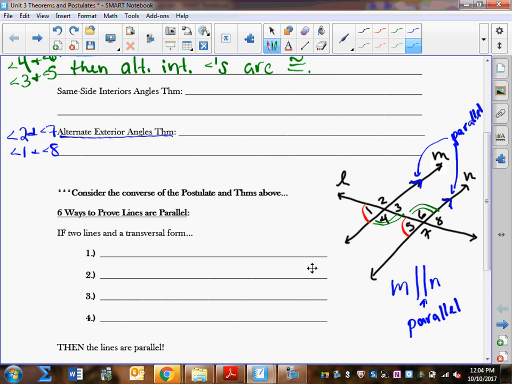Alright. Now, this one might be a little bit harder to see because they're further away, but I want you to discuss with that same person what you think those are going to be.